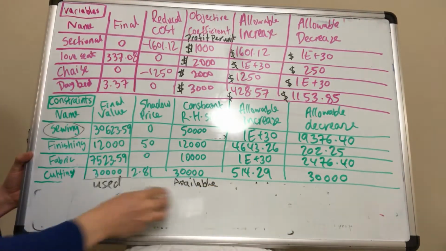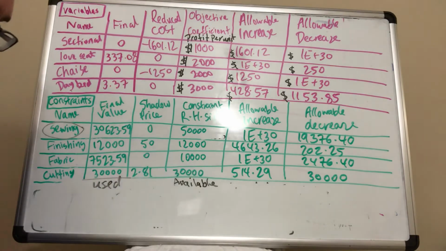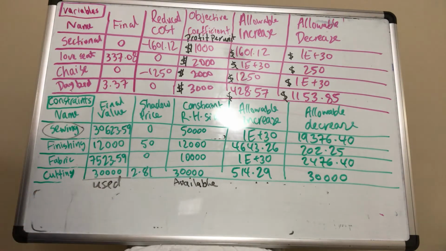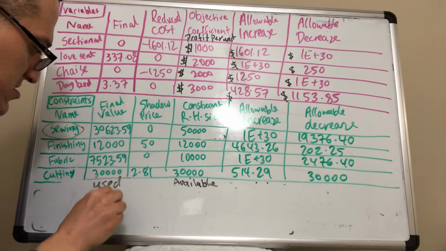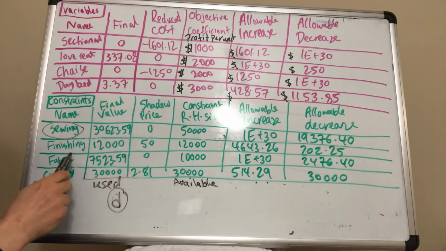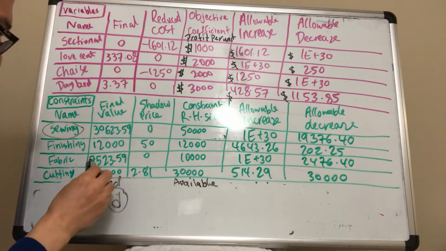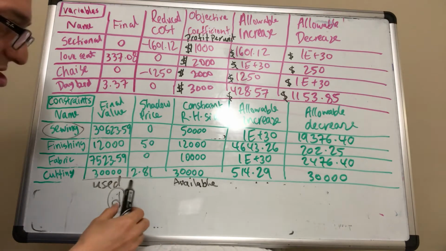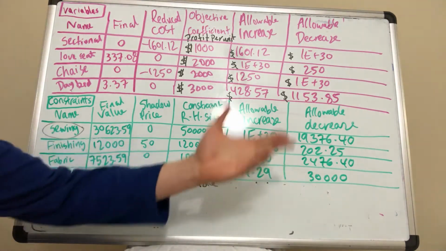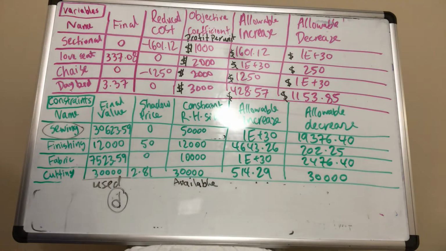I don't think that the number 2,500 is correct, but it's too late to let them know. So you lose 2,500 for fabric. So first of all, would you accept the change? No, you wouldn't accept the change because it's more than the allowable decrease.